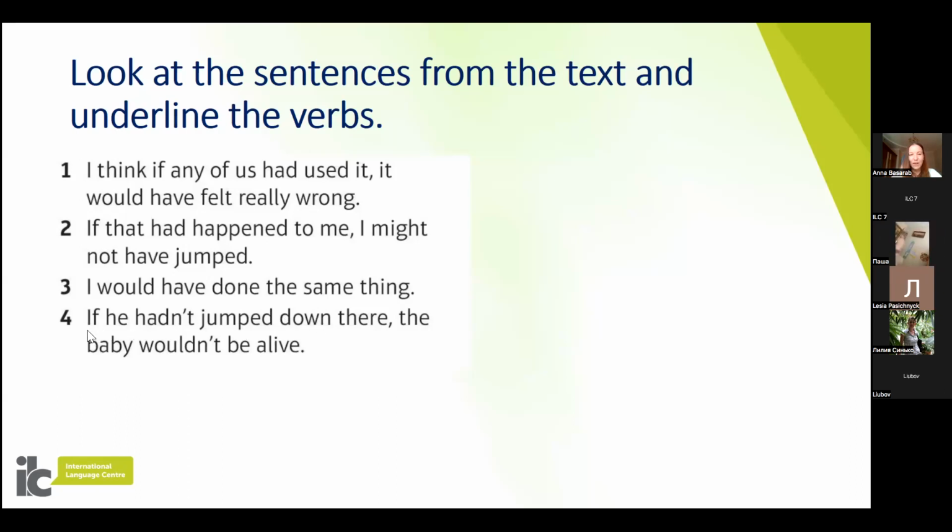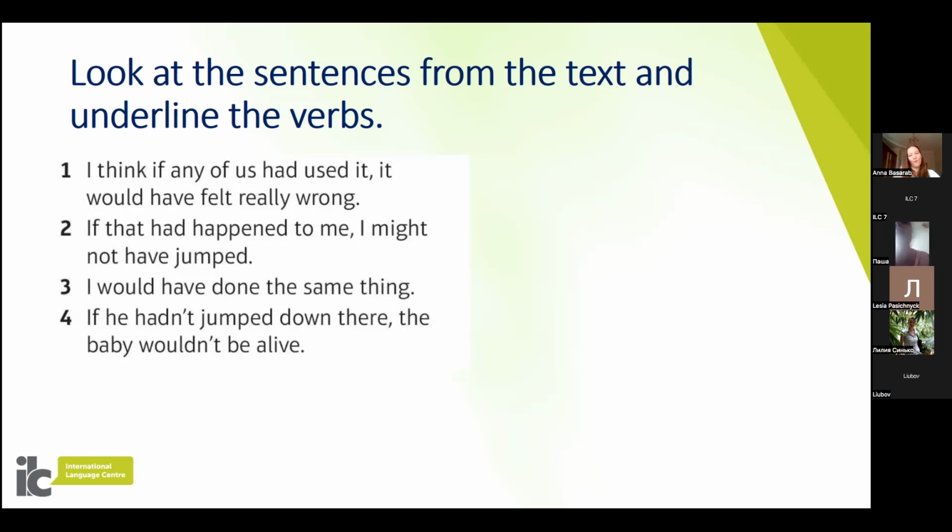So if we look at sentence number 1, is it past or present? Okay, if you look at sentence number 2. All right. What about number 3? Okay, past.